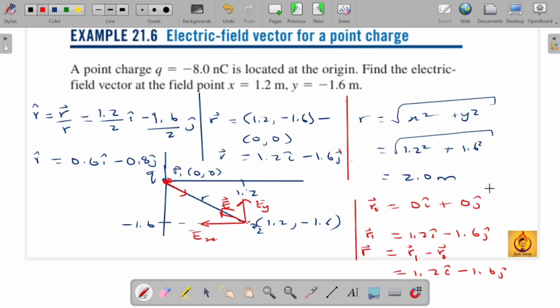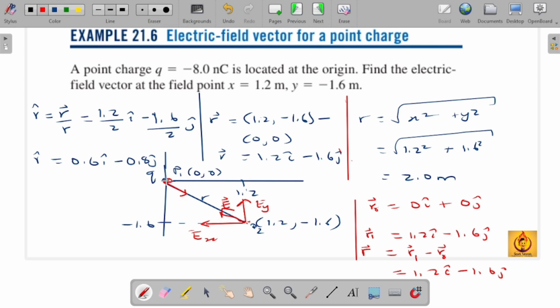But isn't it that when we are dealing with a negative charge, the electric fields are going towards it? Yes, they're going towards this negative charge, which is why we have this arrow of the electric field. Shouldn't the vector move from those coordinates to the origin? No, we have two vectors that we need to be careful of, the position vector and the electric field vector.